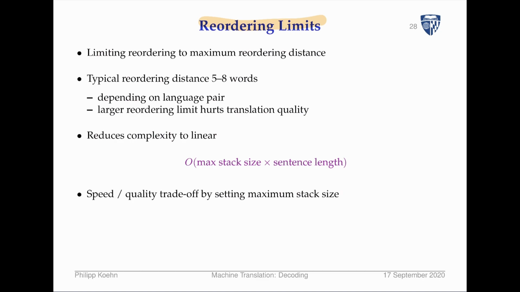So in general, you get better translation quality. It depends a bit on language models, the hyperparameter you could tune. But this then makes the number of translation options a constant because it always goes over the same size window of input words. So that makes the whole thing a linear time algorithm.